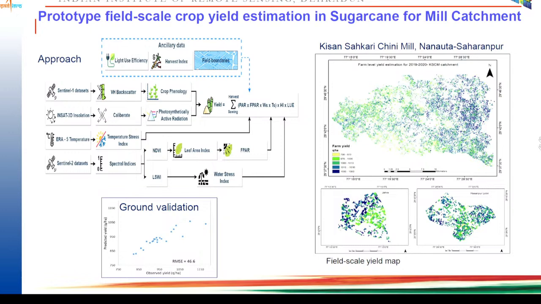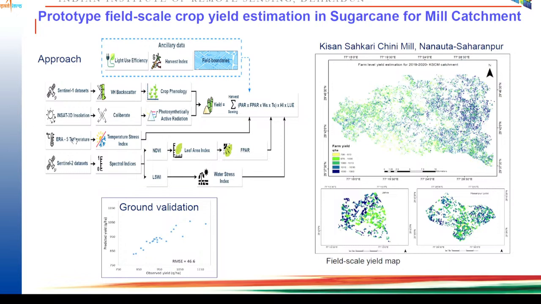So here we could use the Sentinel-1 satellite, with 10-meter spatial resolution on a weekly basis, to estimate crop phenology: start of season, end of season, as well as peak value and so on. Then INSAT-3D provides solar radiation data, which is used for estimating photosynthetically active radiation.